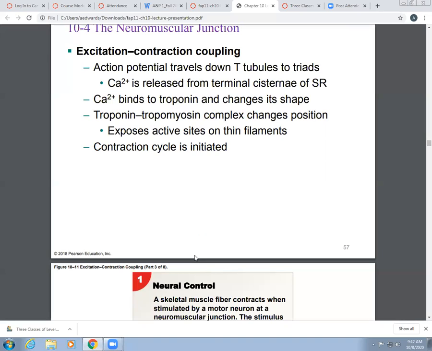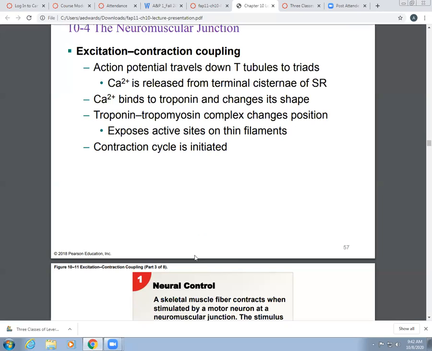And when that happens, calcium ions get released from the terminal cisternae of the sarcoplasmic reticulum. Those calcium ions are then going to bind to troponin, and the calcium ions make troponin change shape.